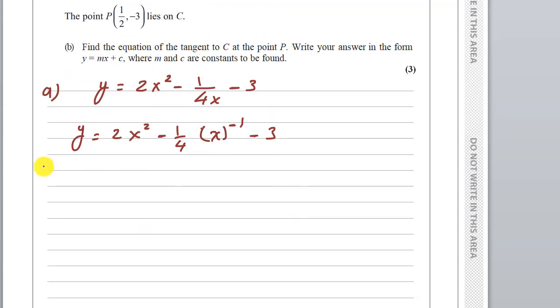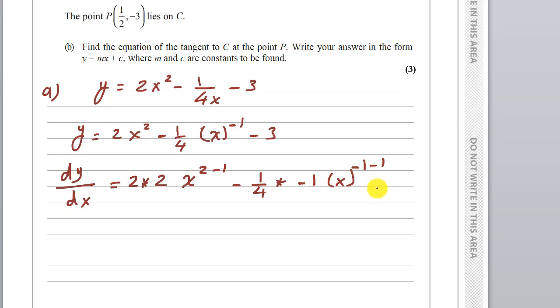Let us start to find dy by dx. So dy by dx is equal to 2 multiplied by 2x to the power 2 minus 1, minus 1 over 4 multiplied by minus 1 x to the power minus 1 minus 1, minus 0.